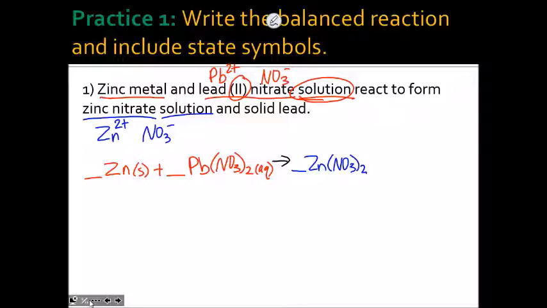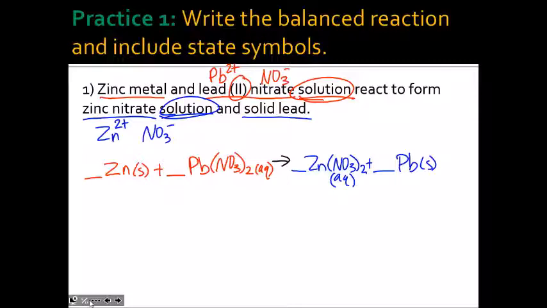Now it also says solution here. So that means this one is going to be AQ as well. I'm just running out of space here, so I put it down below. Our last substance, solid lead. So all we have to do is add that in. That's pretty easy. Lead's not one of the diatomics. And there you go.